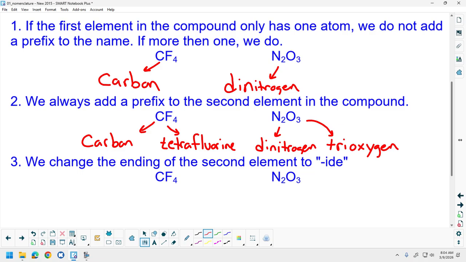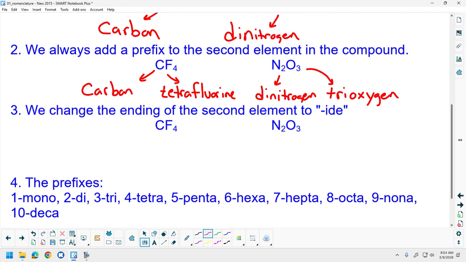And then step 3, we change the ending of the second element to IDE. So the first element in our binary molecular compound, we don't change the ending to it. It's always going to stay as is. But the second element, we always change the ending to IDE. So for CF4, the full name for CF4 is carbon tetrafluoride.